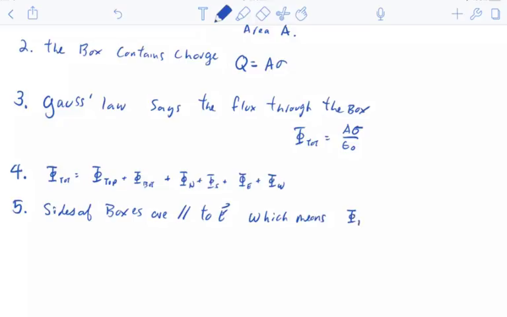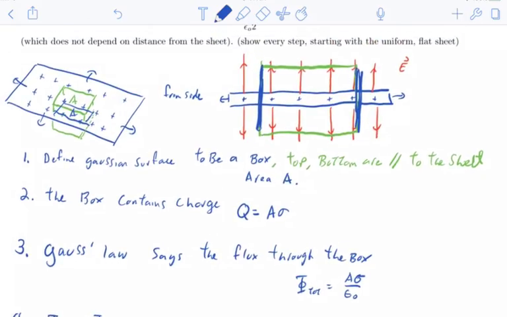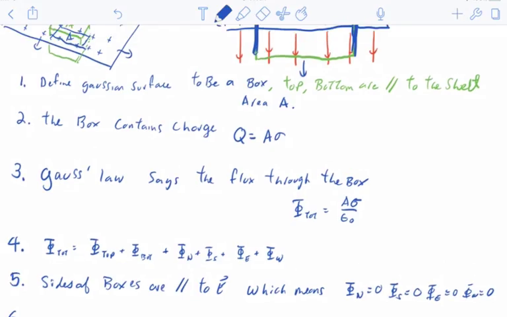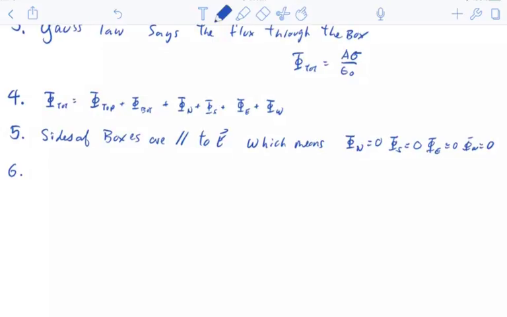North is equal to 0, south is equal to 0, east is equal to 0, west is equal to 0. What about the top and the bottom of the box? Well, in both cases, the flux is leaving the box, right? In both cases, the electric field is pointing out through the surface. So it's not that one is going to be positive and the other negative. They're going to have the same sign flux.